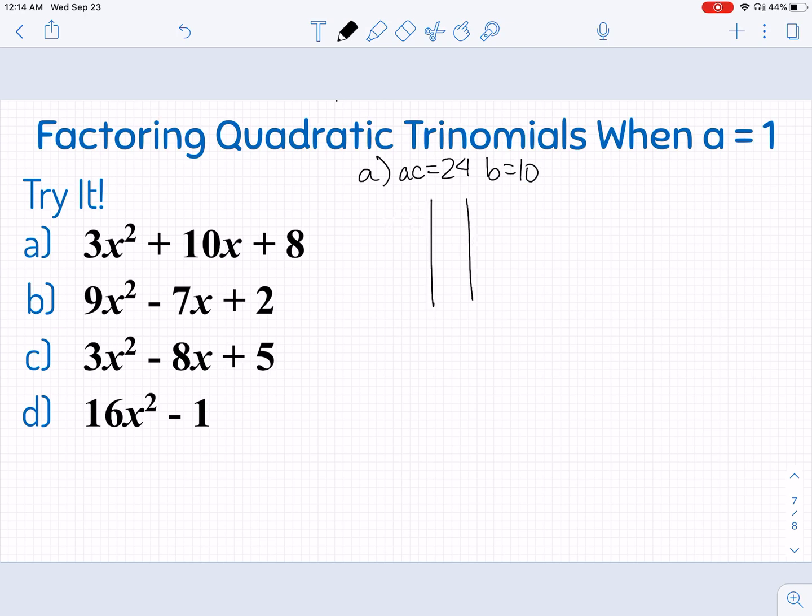I'm going to make my box: 3x squared and 8, 6x and 4x. And then when I take the GCF of each row and column, I get x, 2, 3x, and 4. So A would be equivalent to 3x plus 4 and x plus 2.